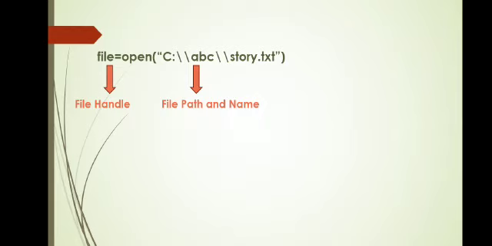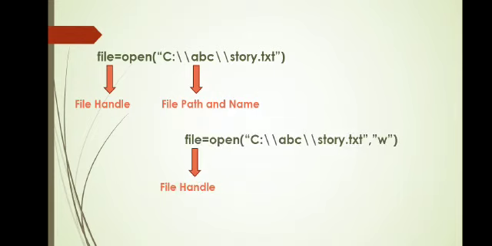That means my file story.txt exists in drive C under the folder abc. No mode is specified, so the default mode will be taken. Another example, the same example, but here I have taken the mode as W mode. Now you will notice over here, I am using double backslashes in the file path.